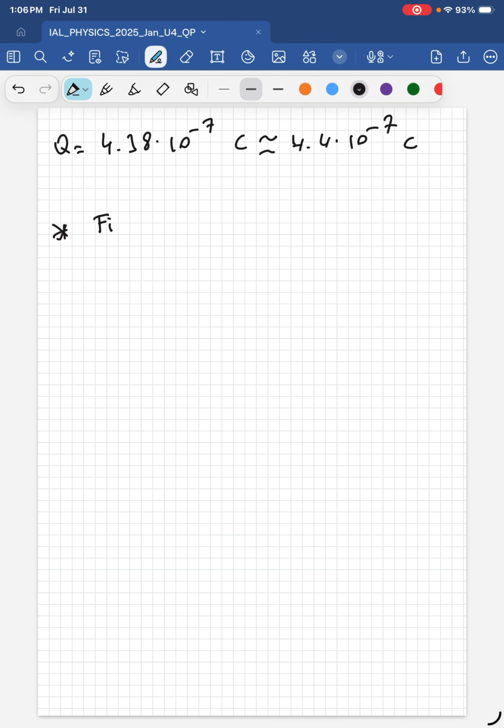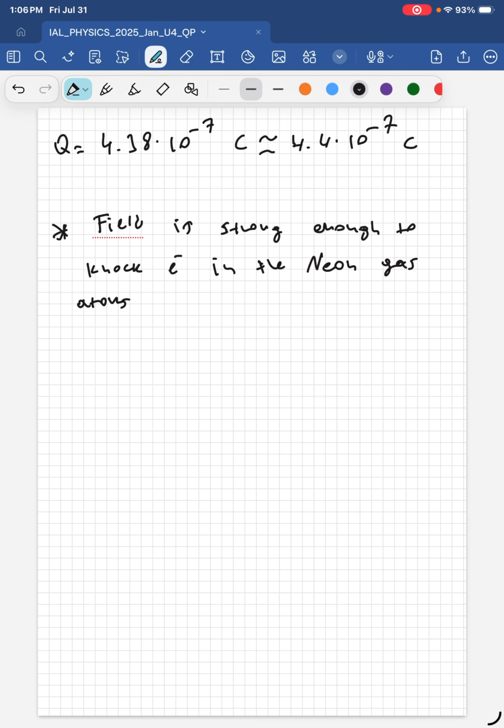So the field is strong enough to knock electrons in the neon atoms, in the neon gas atoms, out of their orbitals.